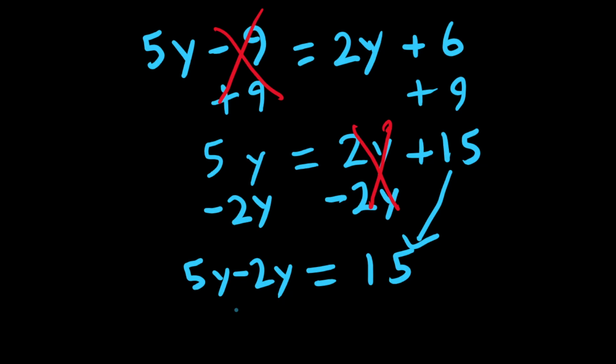These are like terms because it's 5 times a variable y, and it's 2 times a variable y. And we'll talk more about terms and more complicated examples in a later video. But when we have like terms like this, 5y minus 2y, we're able to perform operations on them. So 5y minus 2y is 3y equals 15.